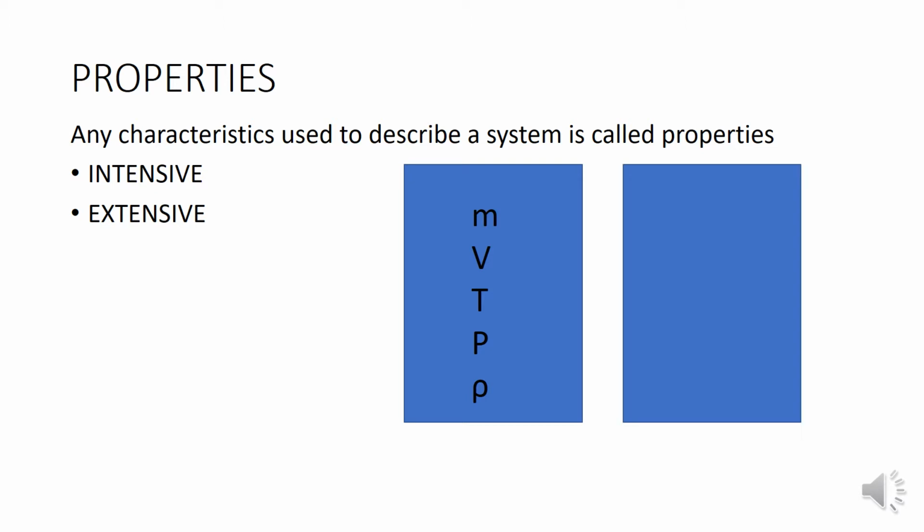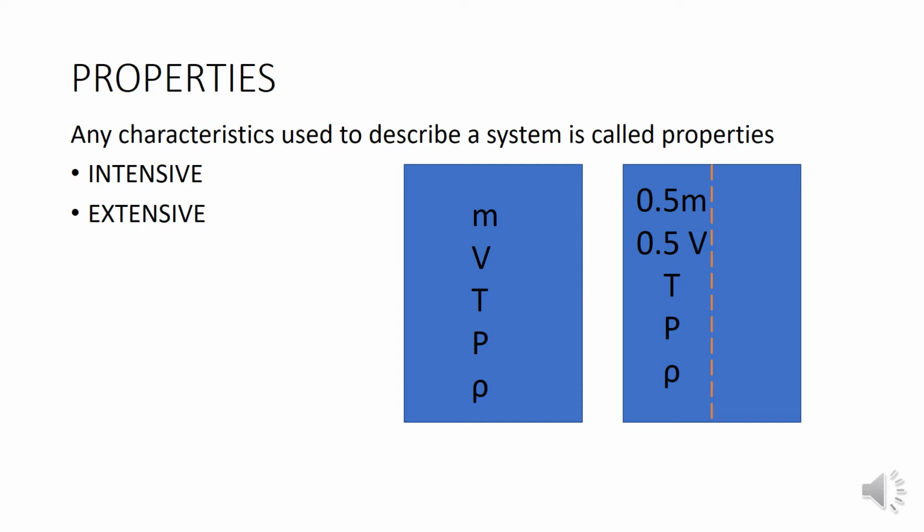If you take a system whose values of mass, volume, temperature, pressure and density are m, v, T, p and rho, and you divide the same system into half, the mass will become 0.5 times m and volume will become 0.5 times v, but temperature, pressure and density remain the same for the individual systems.